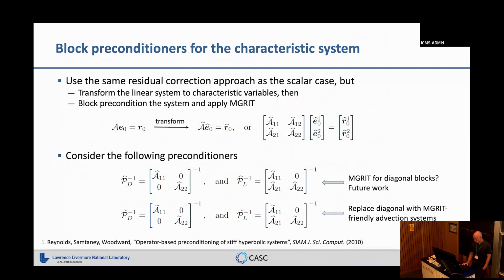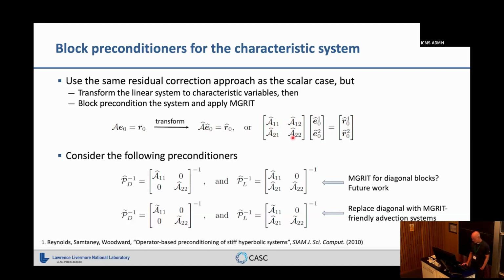So the way the method works, it still uses this residual correction approach I showed previously in the scalar case. But first thing we'll do is do a transformation. We'll take our original system, we'll transform it to these characteristic variables. So we'll have hats in that case. Here's the system in 2x2 block form. If you have the constant impedance case, these off diagonal blocks are zero, and you get that decoupled set of advection equations.